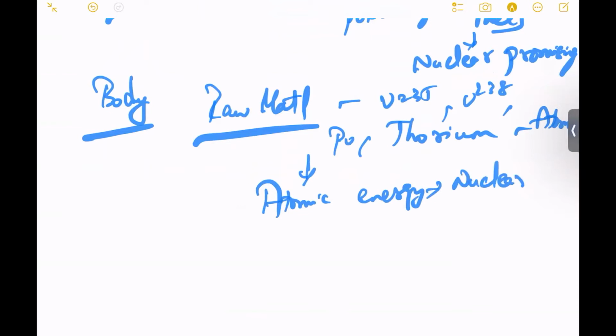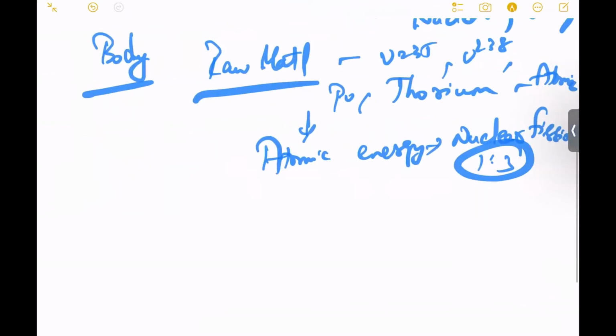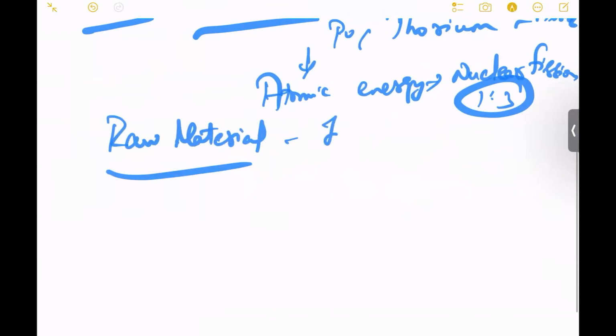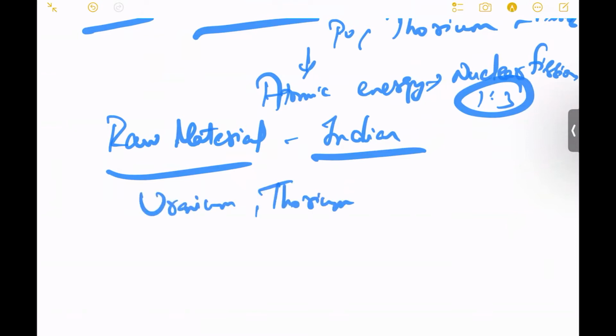It is called nuclear fission. Then you write raw materials required for atomic energy. First is the Indian context. Basically, in the Indian context, you will write about uranium and thorium reserves.